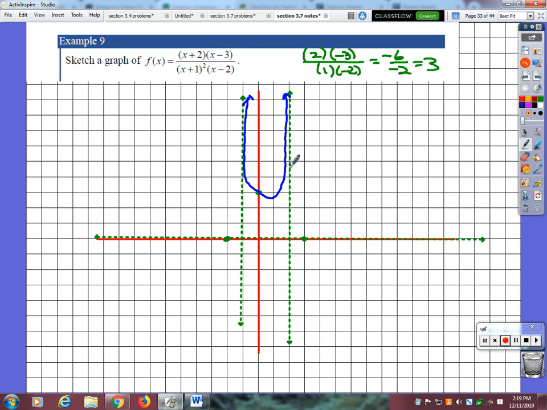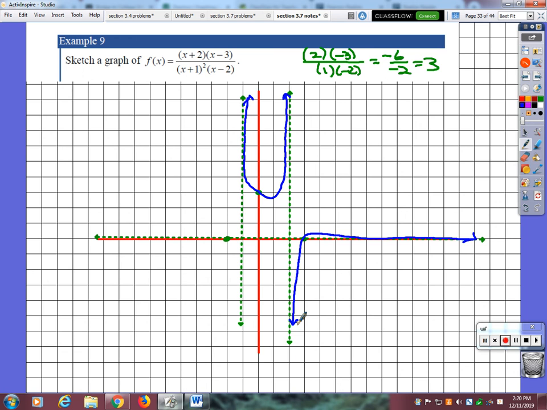Then x minus 2 means that this is the asymptote x equals 2. Is this going to be up here next to it or down here below it? Down, because this is odd. So that means this one is going to be down below. And this is weird because I have to go through this point here, but I also have to have a horizontal asymptote at y equals 0.